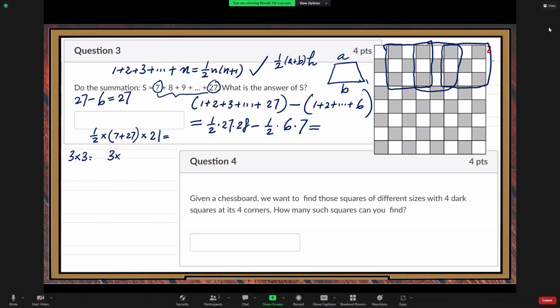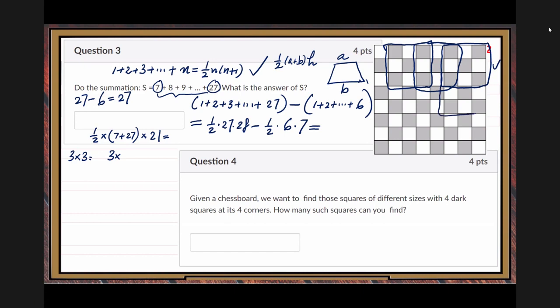Vertically, the first one, the second one, the third one. Vertically also 3. So 3 by 3.